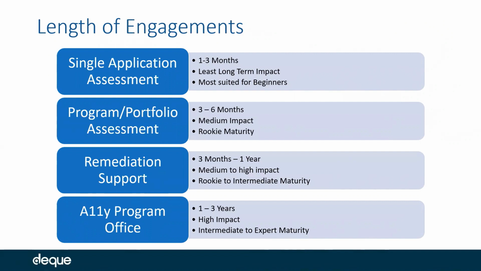The program or portfolio assessment lasts about 3 to 6 months. That's where you're looking to find all the issues across your application. It has medium impact because now you'll end up with a comprehensive list of everything that's wrong on your site.